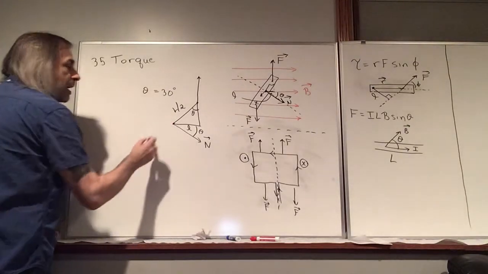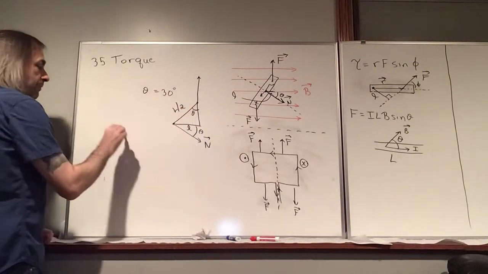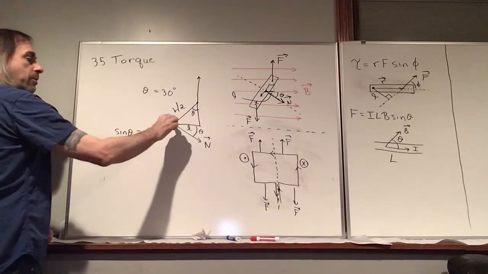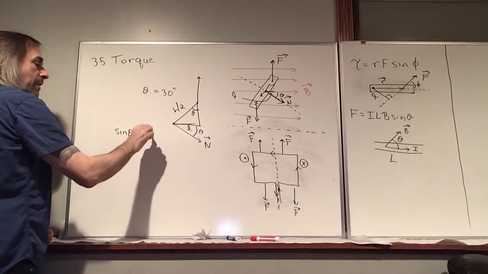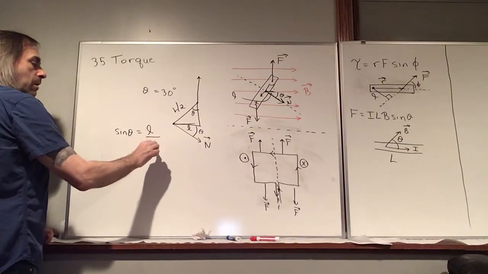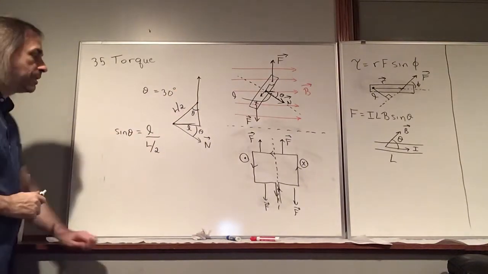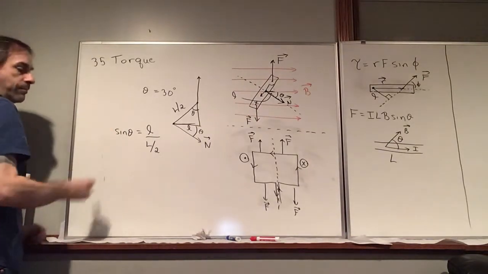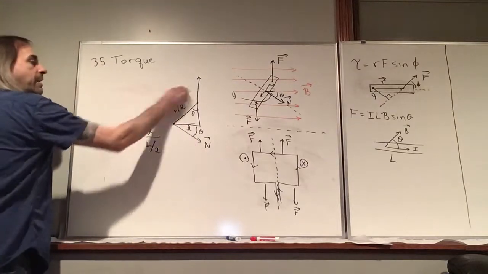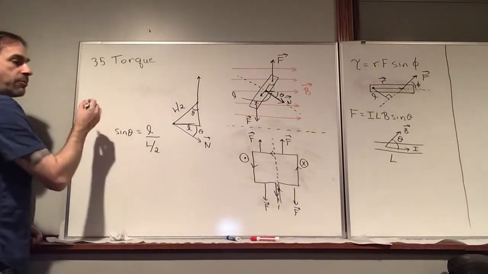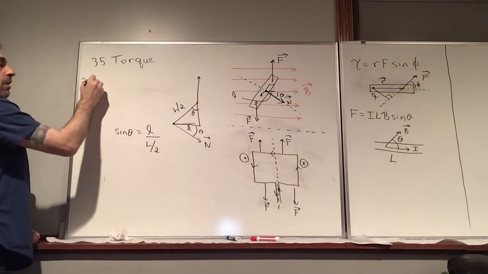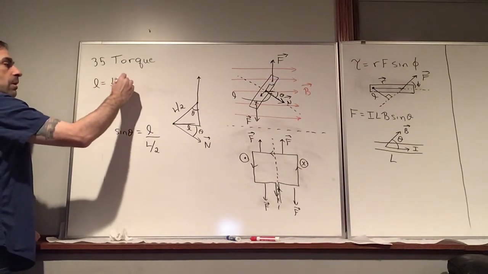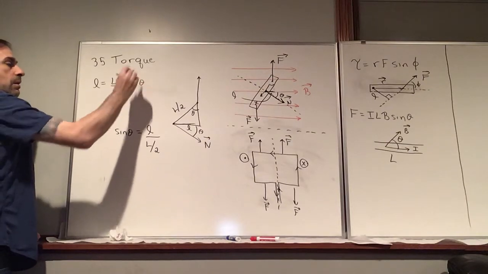Okay, so now from this triangle, we can say sine of theta is equal to opposite, which is the lever arm, over the hypotenuse, which is L over 2. And so the lever arm, okay, we don't need that anymore. Let's just write down this result. The lever arm is equal to L over 2 sine of theta.